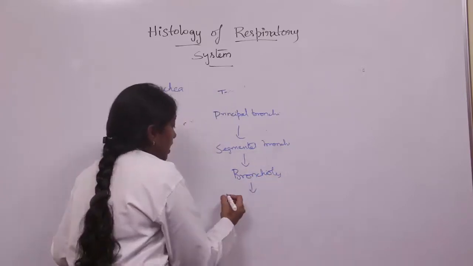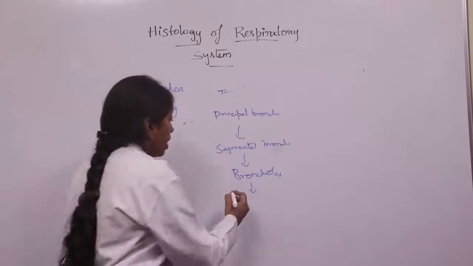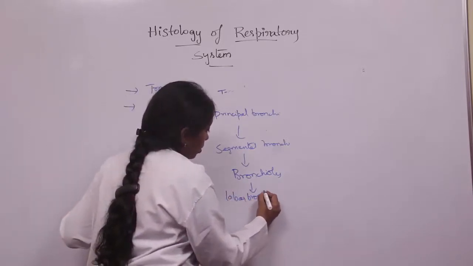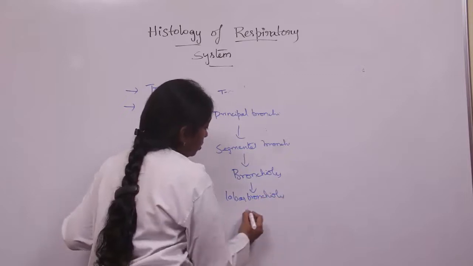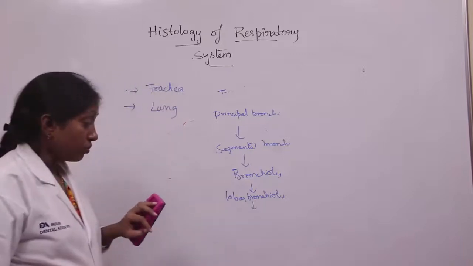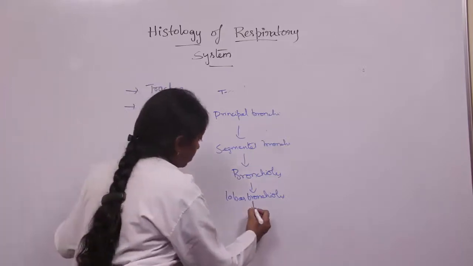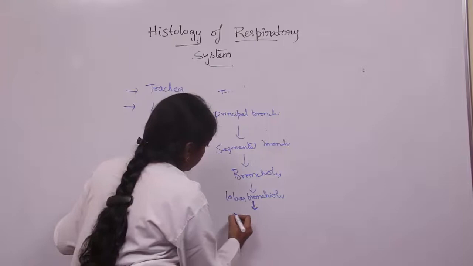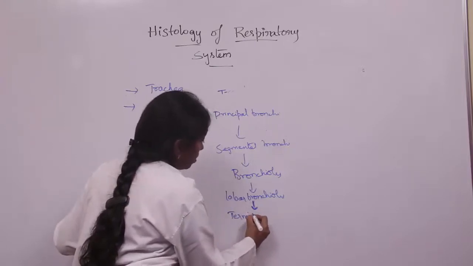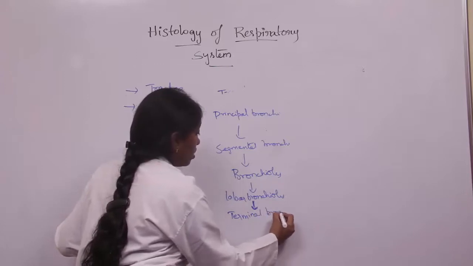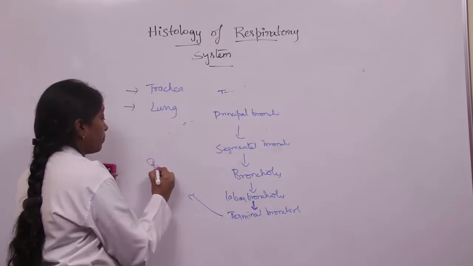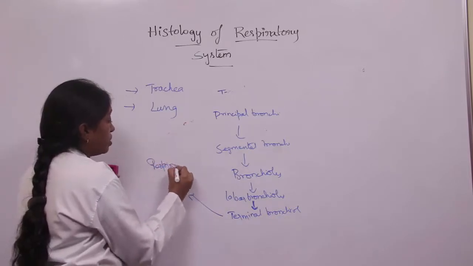These bronchioles enter into each lobe of the lung as lobar bronchioles. These lobar bronchioles further divide to give terminal bronchioles. These terminal bronchioles further divide into respiratory bronchioles.